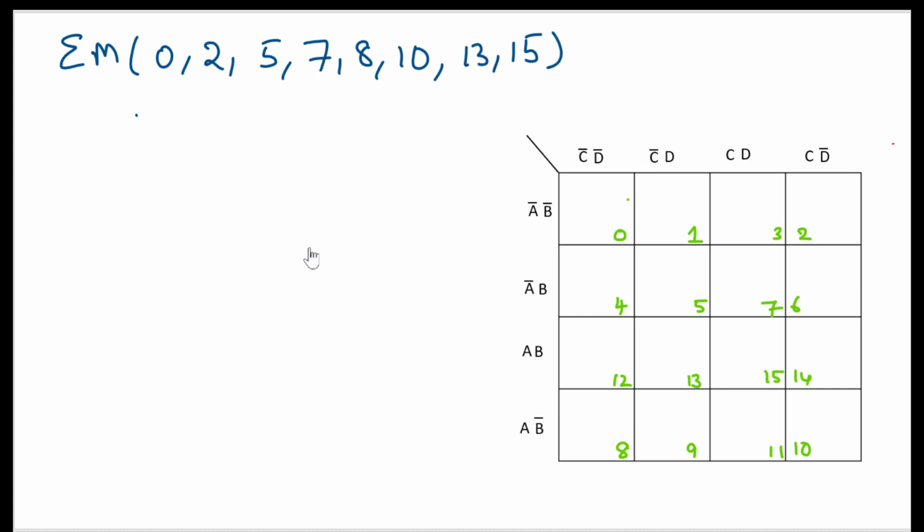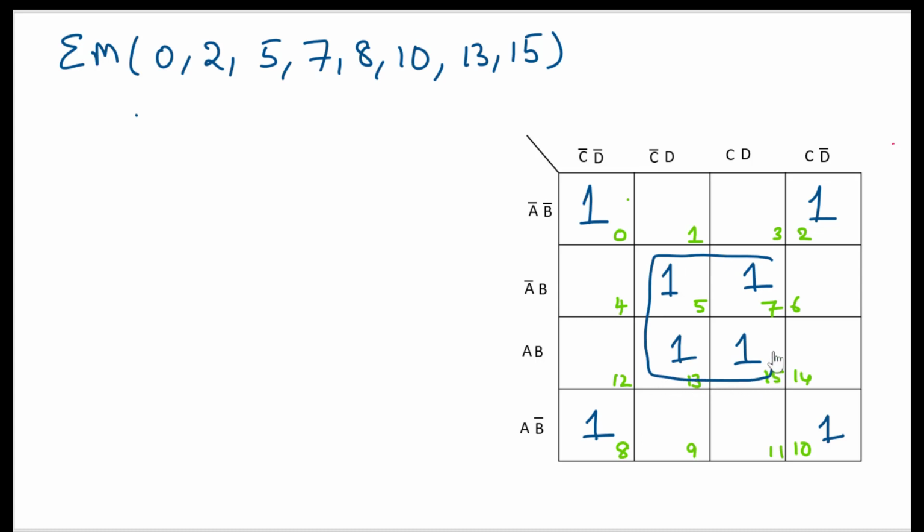Okay, now we'll start filling the number of ones. This is 1, this is 1, this is 1, this is 1, and this is 1, this is 1, this is 1, and this is 1. Now if you look, octet is not possible, only quads are possible. You can make this as one quad, and these four corner ones as one quad.